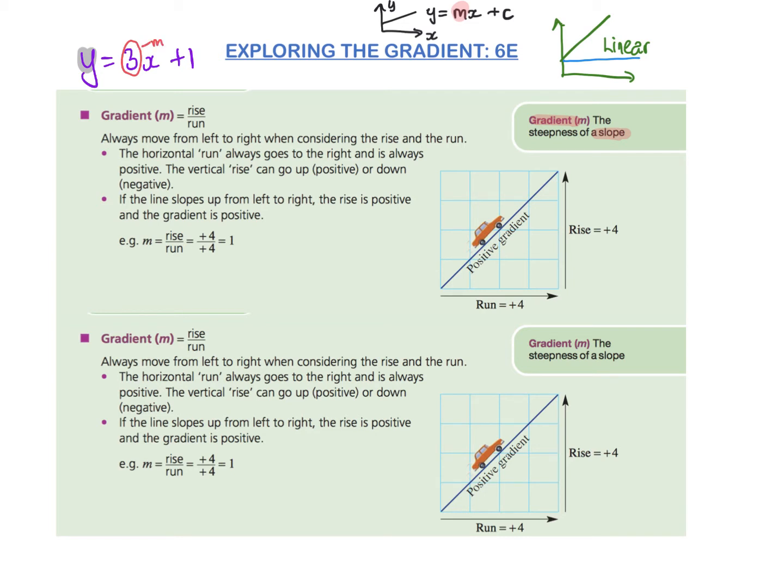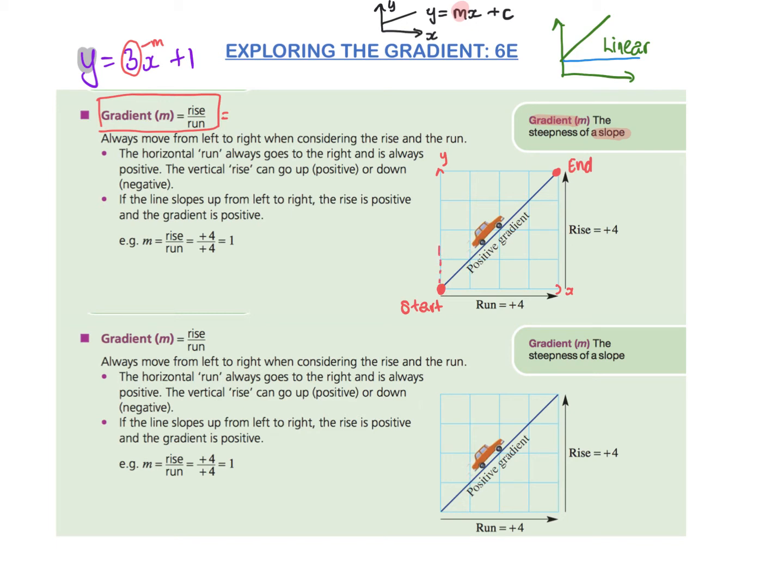All right, so for the gradient, we have a few rules, and our first rule to work it out, if we've got a graph, is rise over run. If you look at this diagram, say the car started here and then ended here. Say that was the y-axis and that was the x-axis. From this point, how far up did it go?